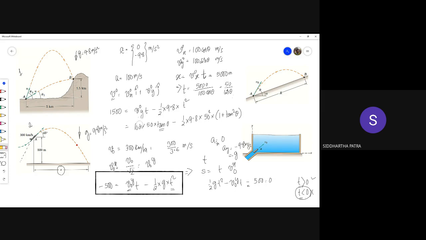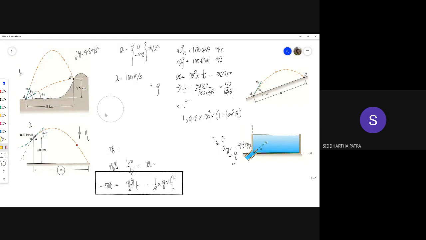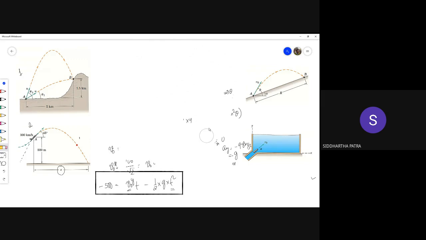Okay, so now we will address the other two problems. So question number 3, let me check what the problem statement is here.